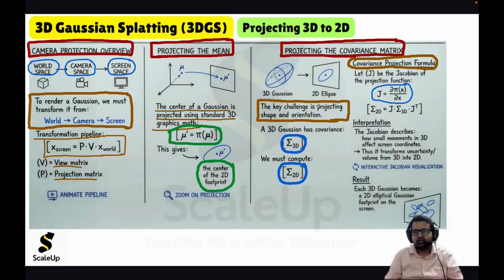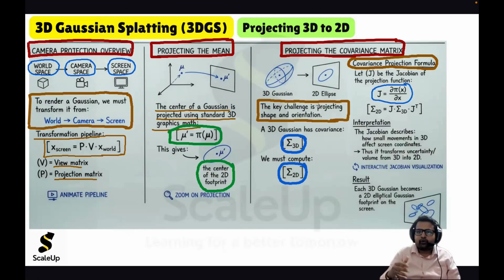Just imagine a shadow. You might have seen a very long shadow or a small shadow. So when I'm projecting onto 2D space, this perspective will play a role, and for that to work perfectly, the Jacobian will help us.